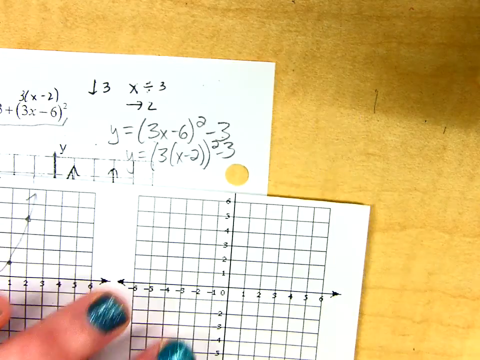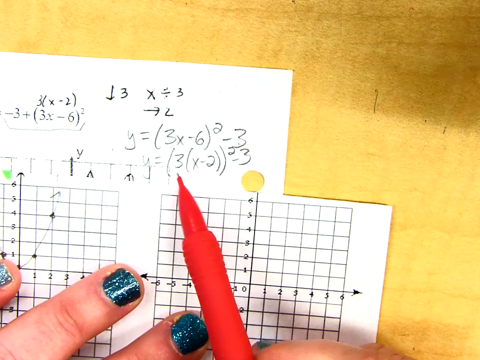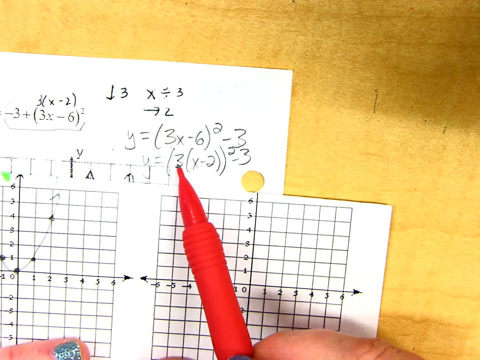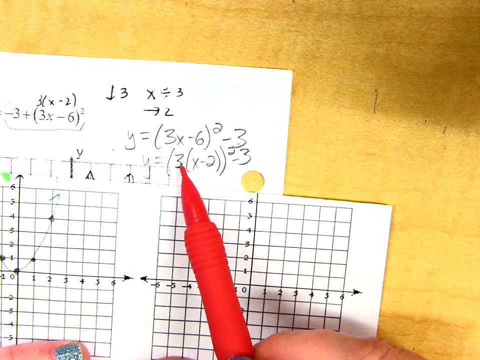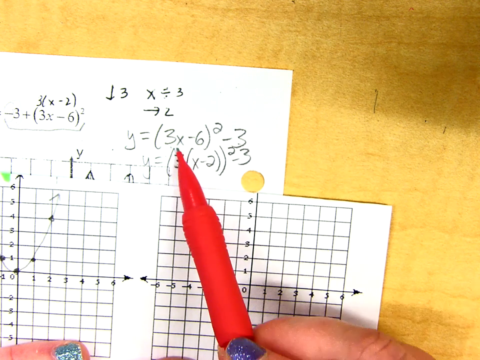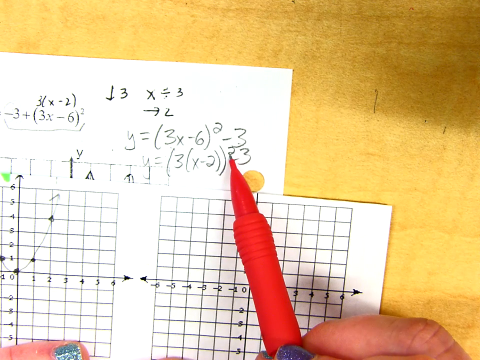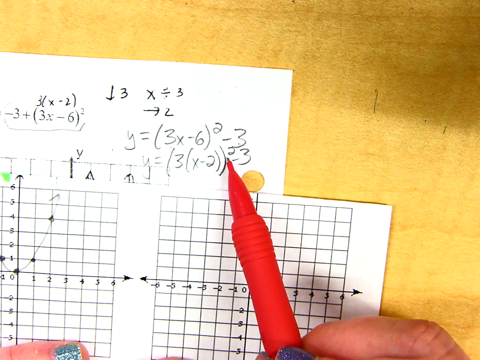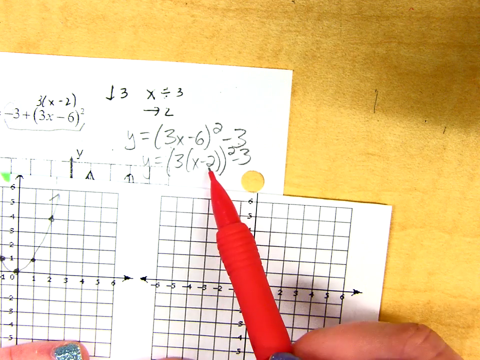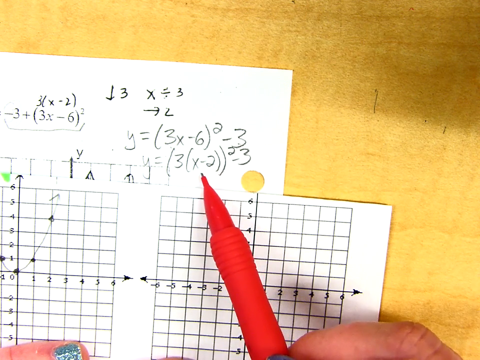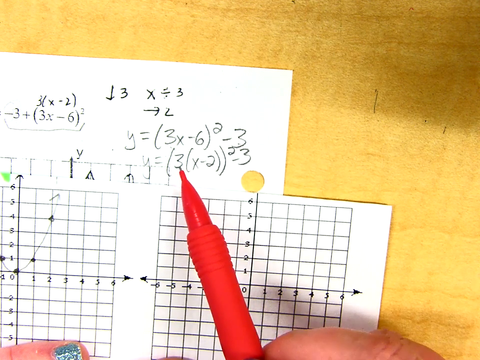Now I ask you, this 3 right here, is this going to apply to x values or y values? X values, because look, it's in the thing getting squared. So if I'm thinking about my parent function, which is x squared, that's in there with the x. It's getting squared. So that's going to apply to my x values.